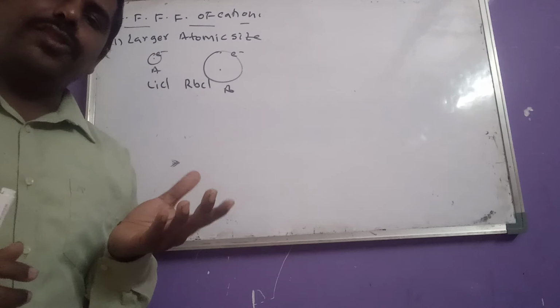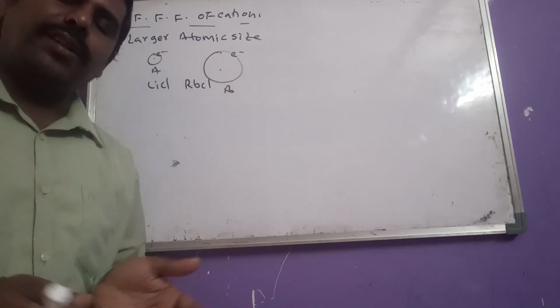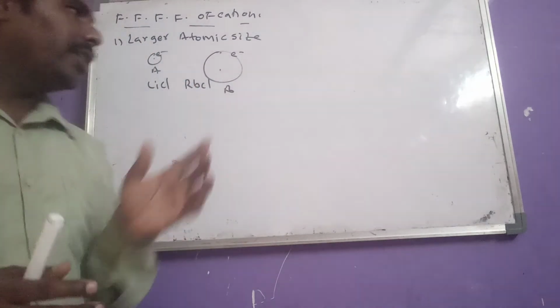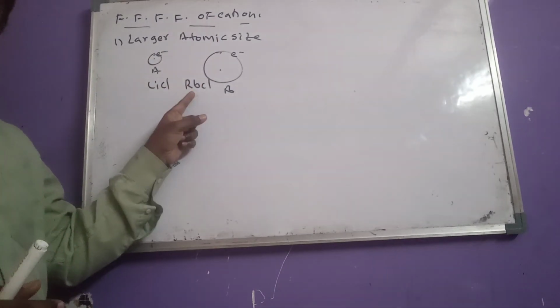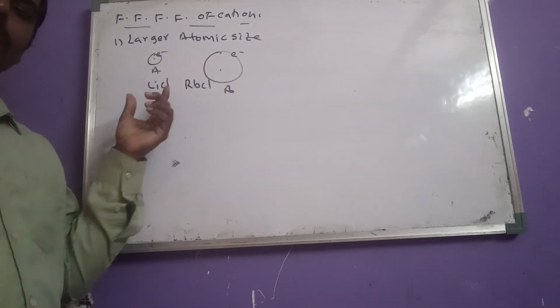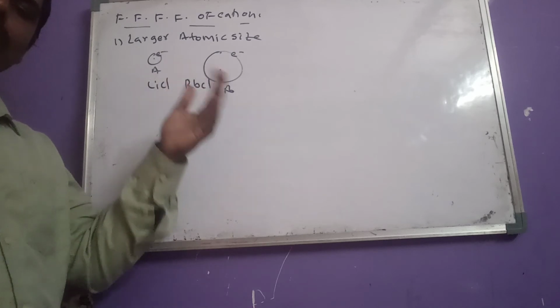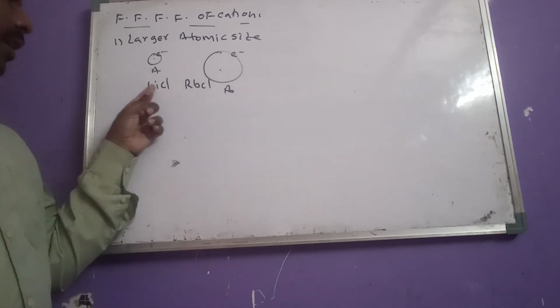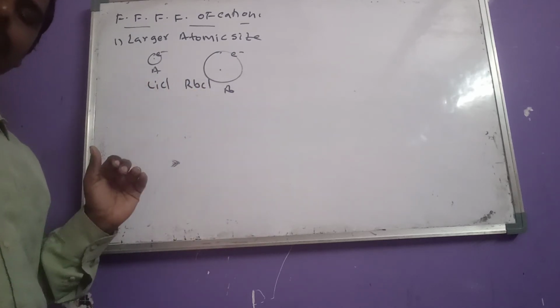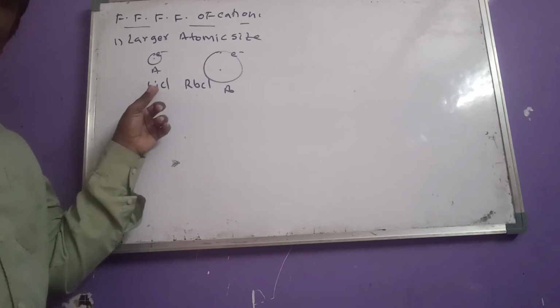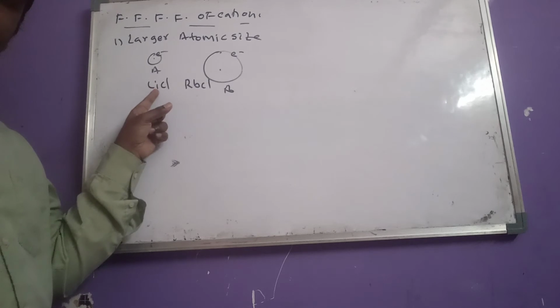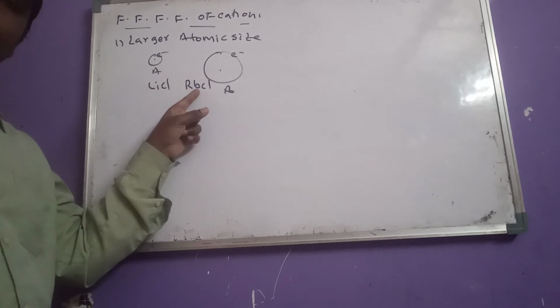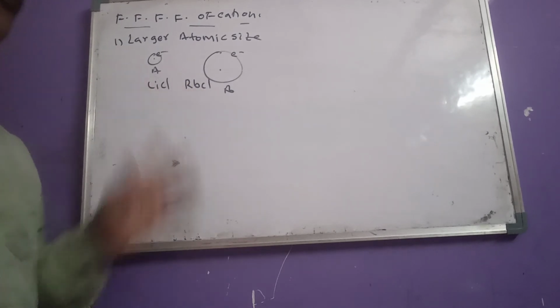Between these two, rubidium has the larger atomic size. So the favorable factor for cation is for rubidium. So now rubidium chloride is more ionic in nature. Lithium chloride is less ionic, meaning more covalent in nature. Rubidium chloride is more ionic, less covalent.